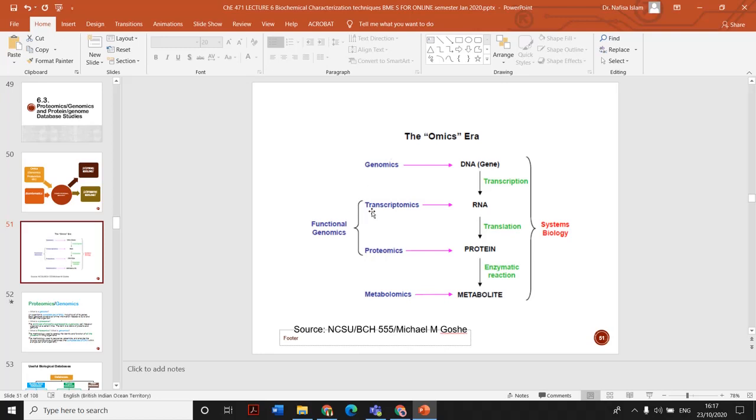And then you have proteomics and transcriptomics, which are the databases of RNA and proteins, and then others like lipidomics, metabolomics. There are many omics, and basically these are big databases of all the biological organelles and biochemicals that we have seen, and those, as we've seen, contribute to systems biology.